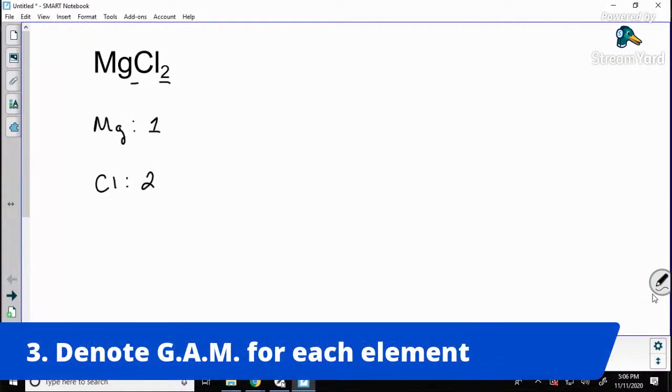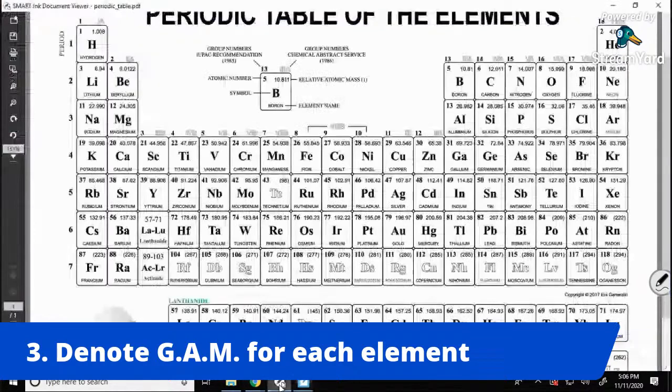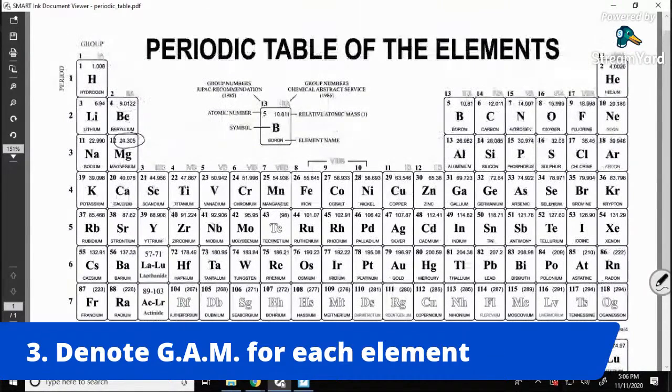The next thing I'm going to want to do is denote the gram atomic mass for each element. Again, that's going to come from our periodic table. So for magnesium, I see 24.305. For chlorine, 35.45.